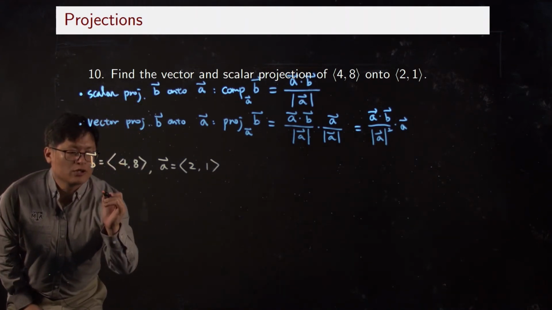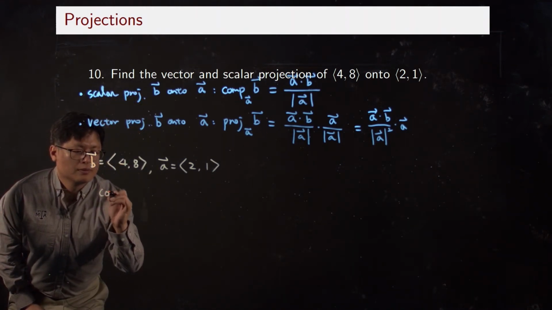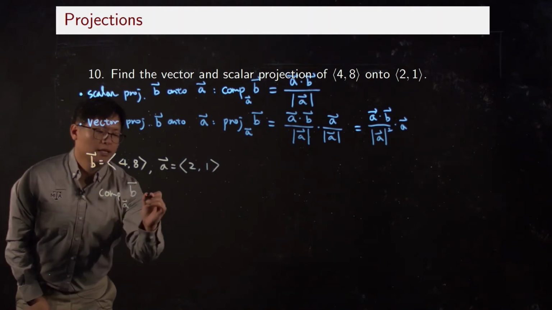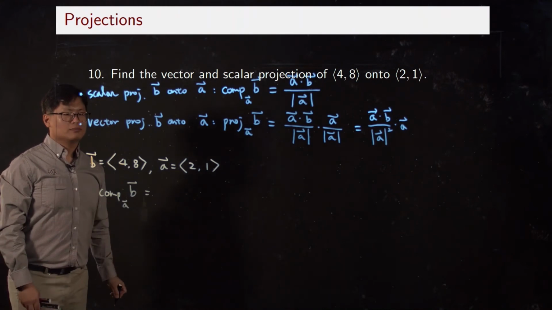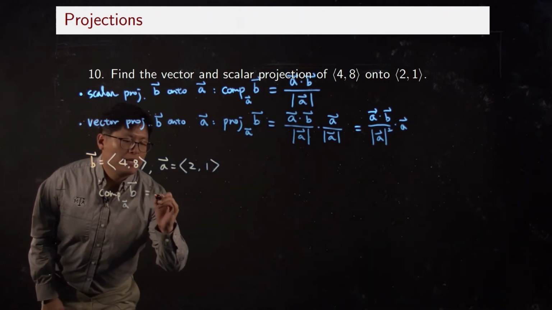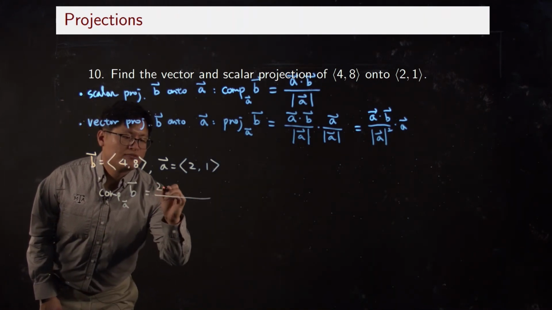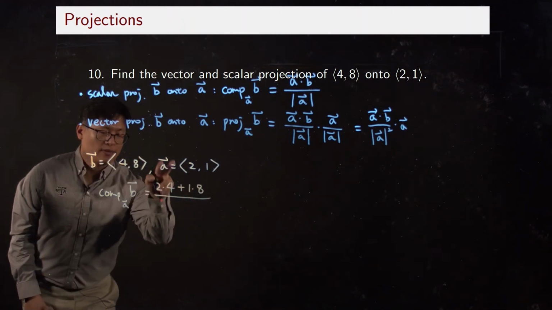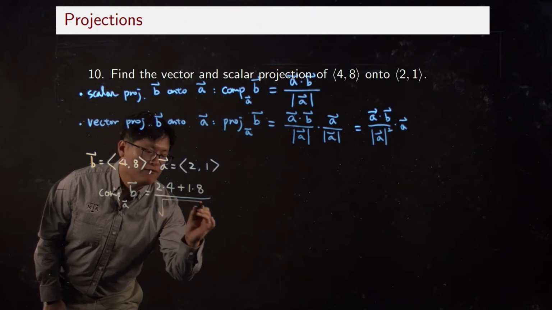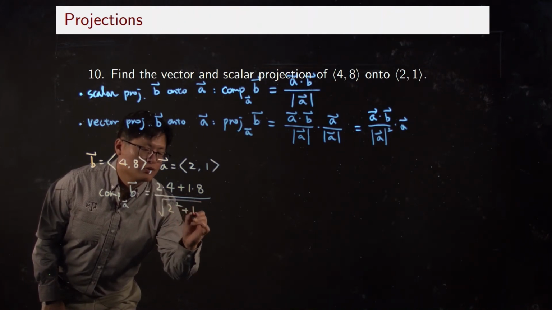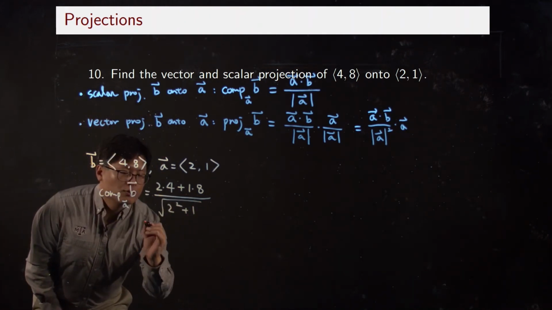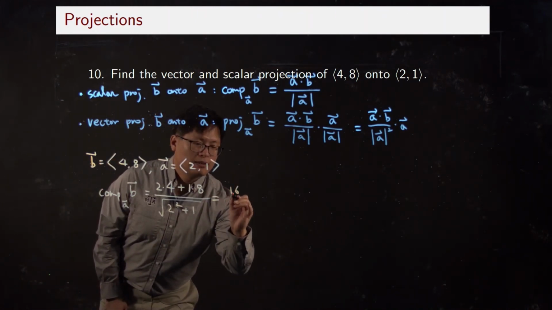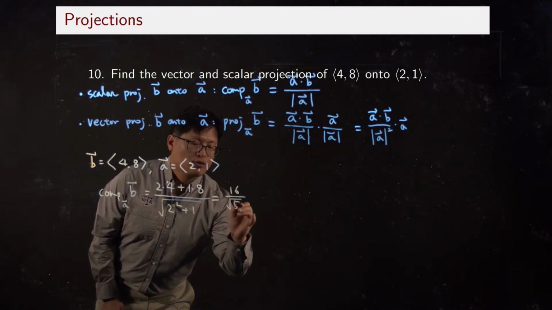Then the scalar projection, which is comp_A B, is equal to A dot B, which is 2 times 4 plus 1 times 8, over the length of A, which is the square root of 2 squared plus 1 squared. That is equal to 16 over the square root of 5.